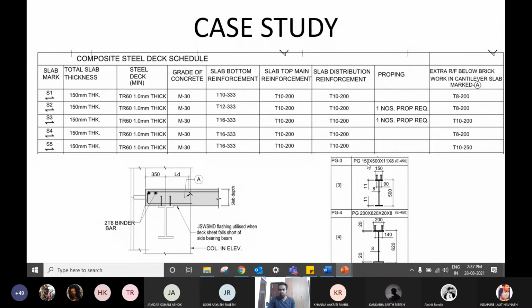It's 150 mm flange width, and its depth is 500 mm. 11 stands for the thickness of the flange, and 8 stands for the thickness of the web, and its grade is 450. The minimum yield strength of this particular plate girder is 450 MPa.